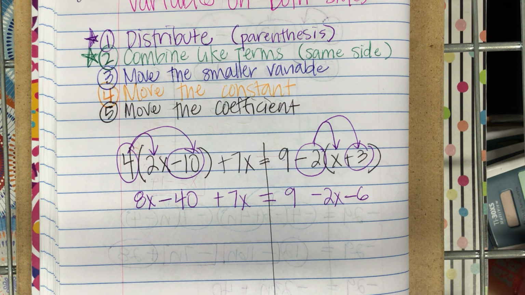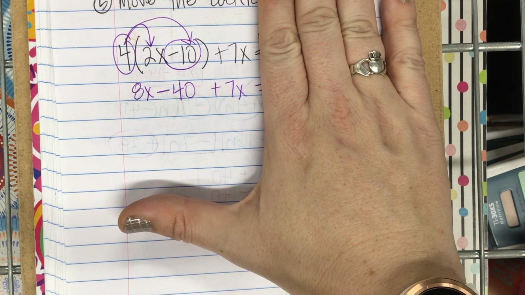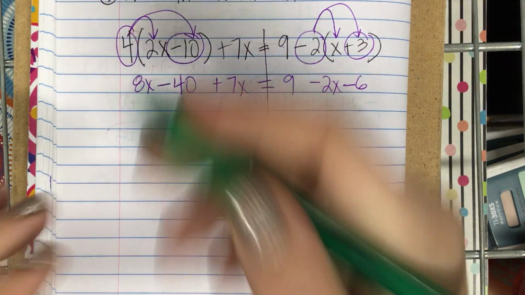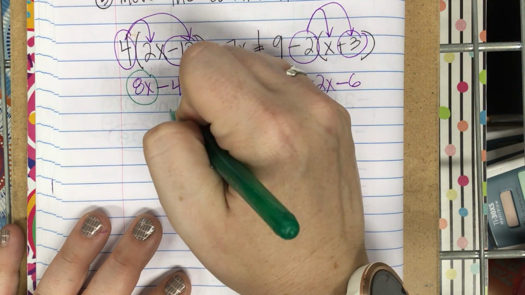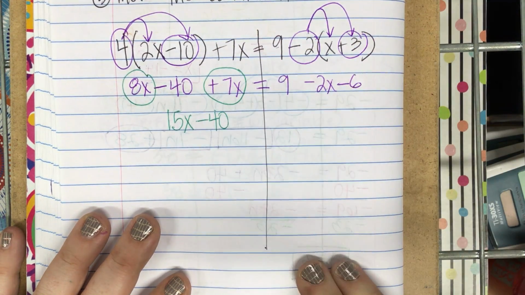Maybe I don't have to distribute, right? Who knows? Step 2, combine like terms, and it says like terms are on the same side. So I need to look at this side. Are there any like terms? 8x plus 7x is 15x minus 40.